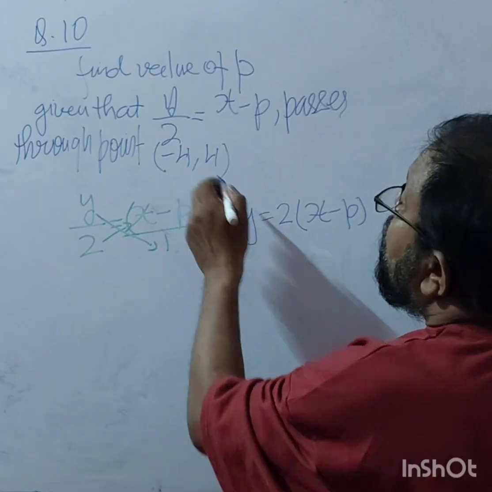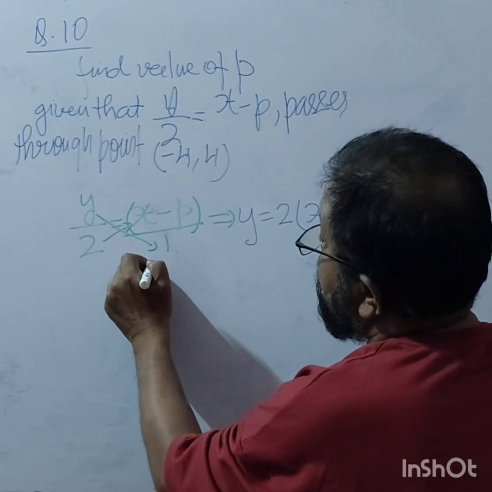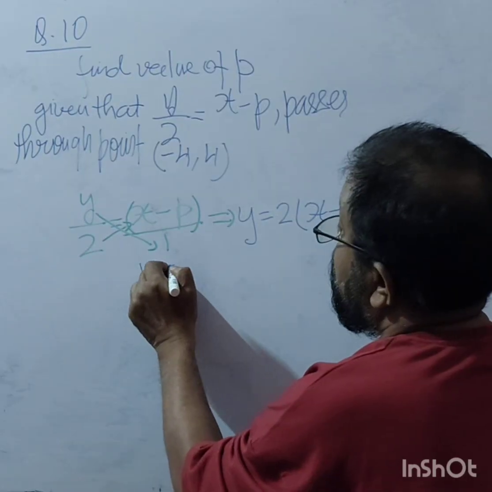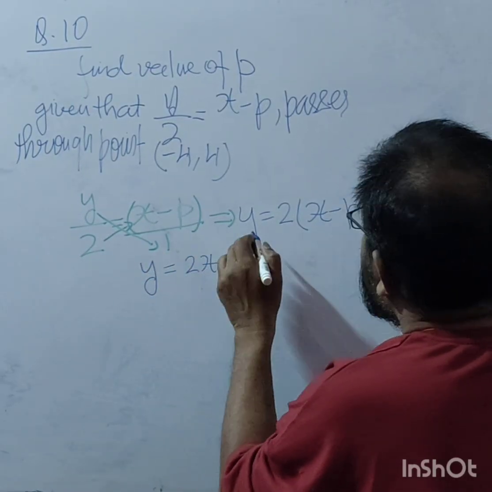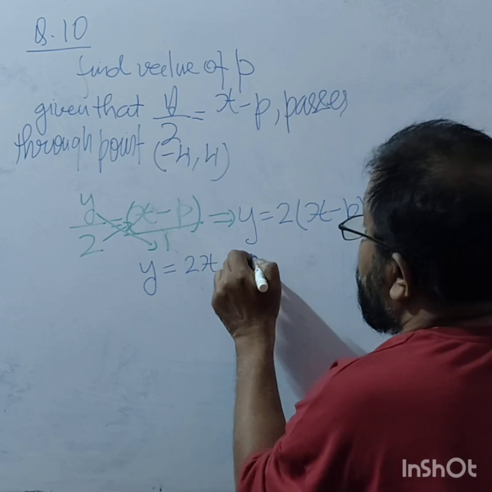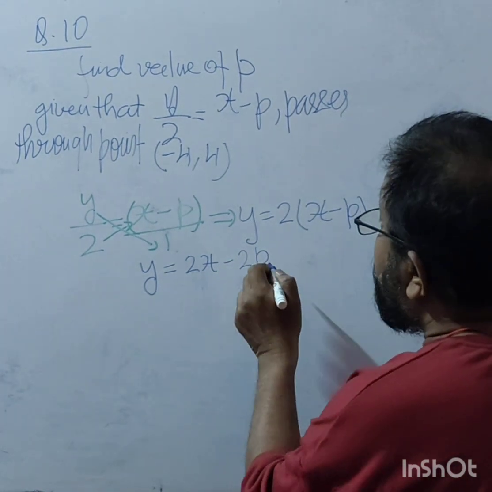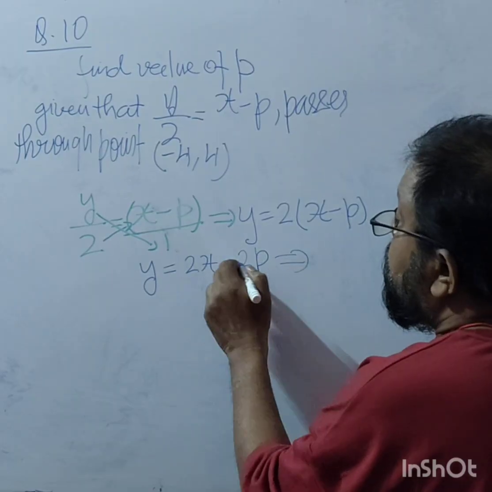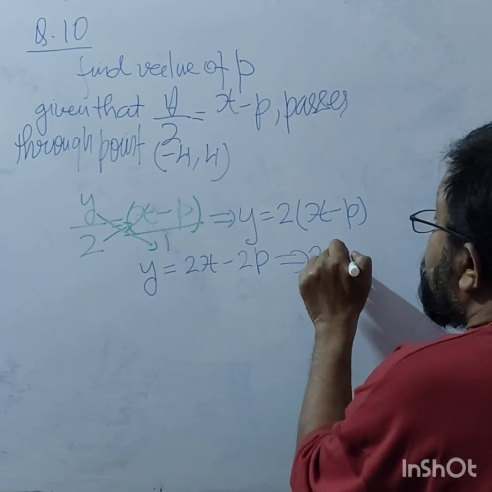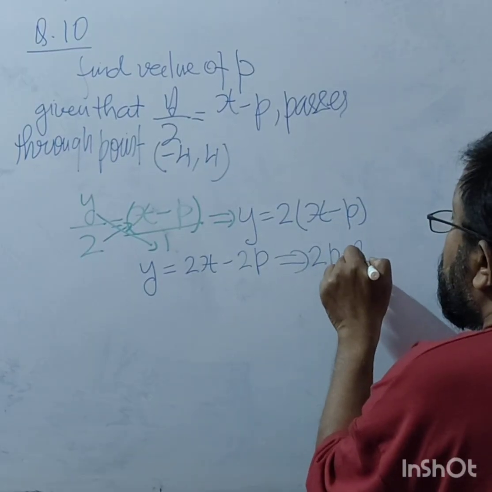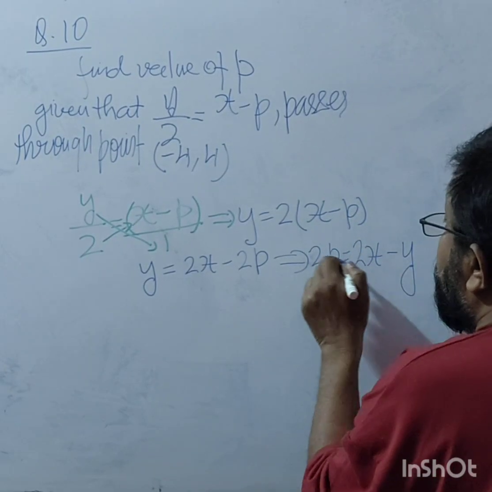So you can write y is equal to 2x minus 2p. You bring this y, 2p on this side, so 2p is equal to 2x minus y.